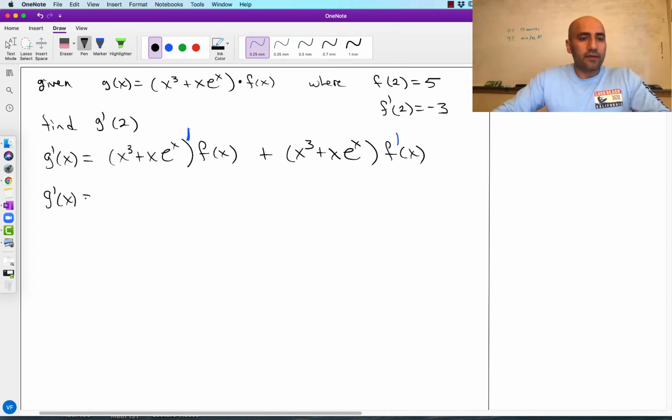G prime of x is equal to, all right, now taking the derivative of this, well, I can see I'm going to need a product rule right in there. So the derivative of this first one is going to be a little complicated. It's going to be the derivative with respect to x of the x cubed plus the derivative with respect to x of the x times e to the x. Right? That's that whole derivative. And when I'm done with all that, I have to multiply that by f of x.